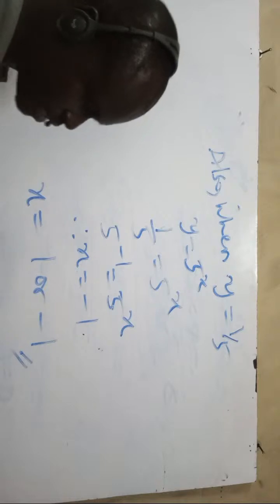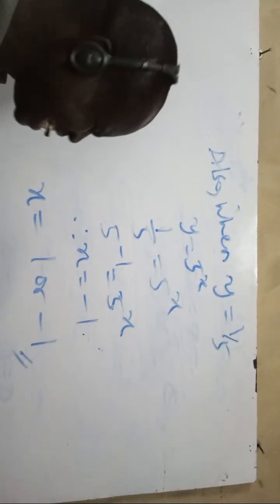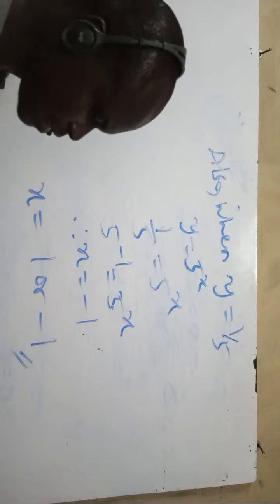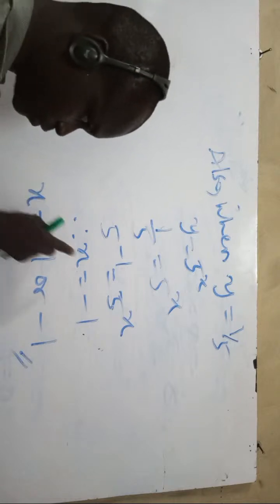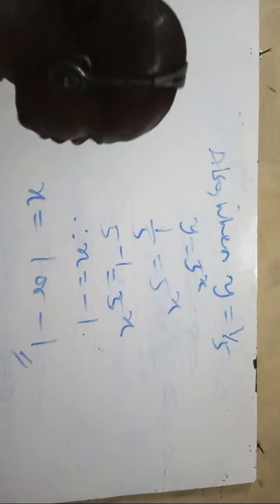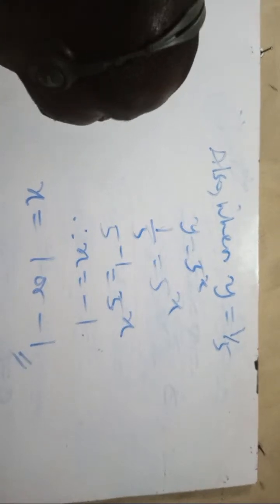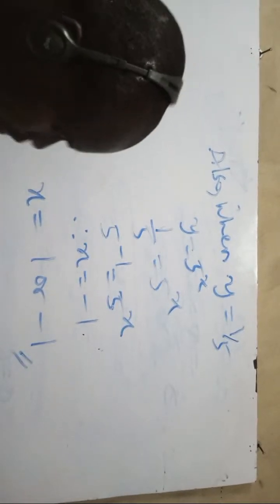If you are given the problem in terms of x, you can use any other letter of the alphabet except x. You can call it p, you can call it a.